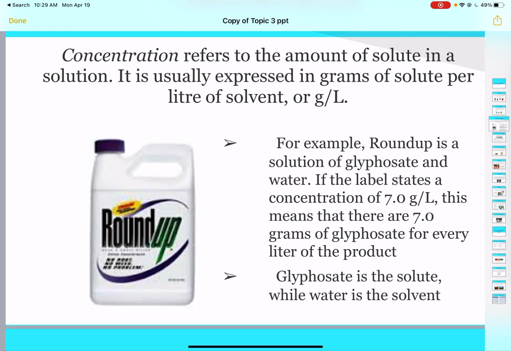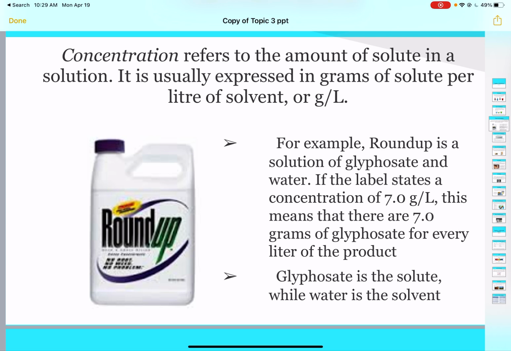This is a pesticide. It's a chemical solution that is made up of glyphosate and water. The label states that the concentration is 7 grams per liter. This means that there are 7 grams of glyphosate in every liter of the product, okay?